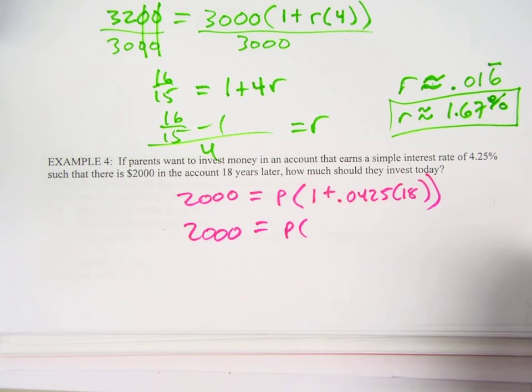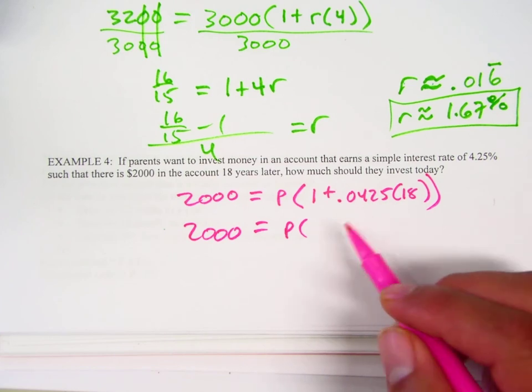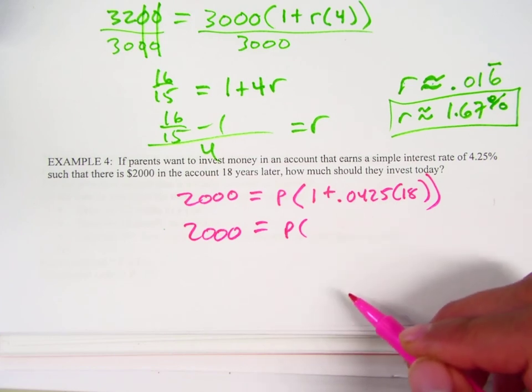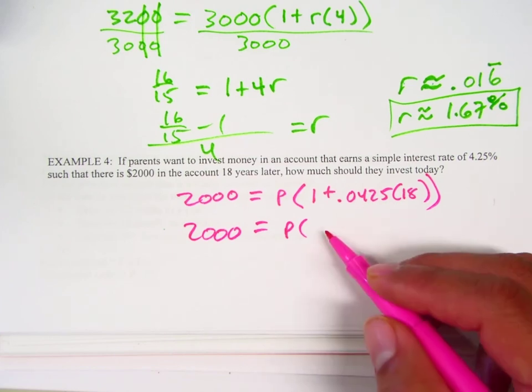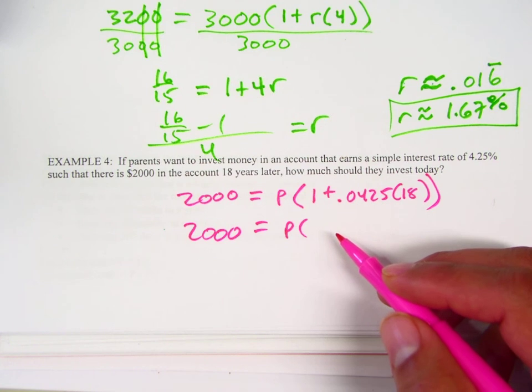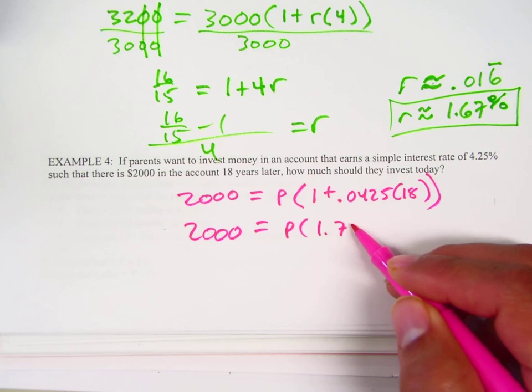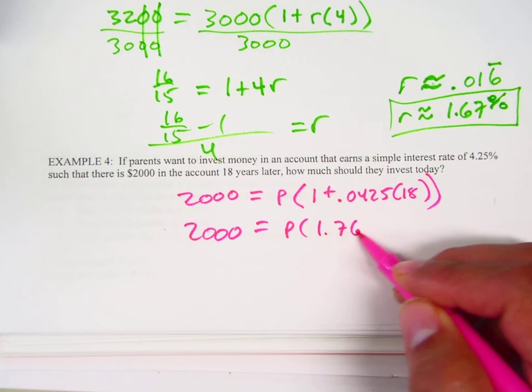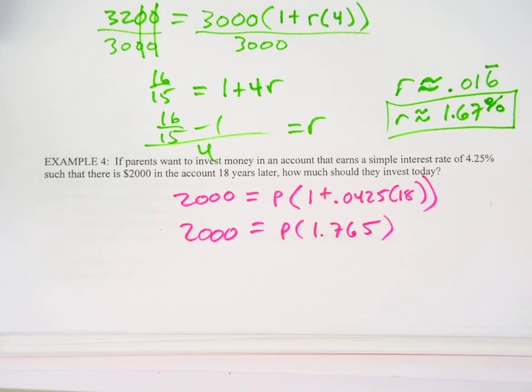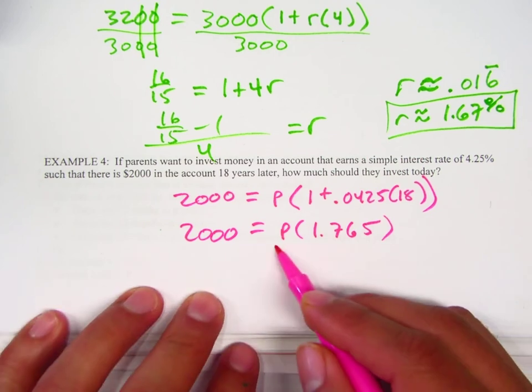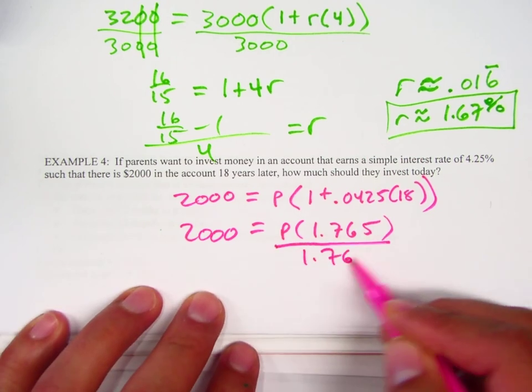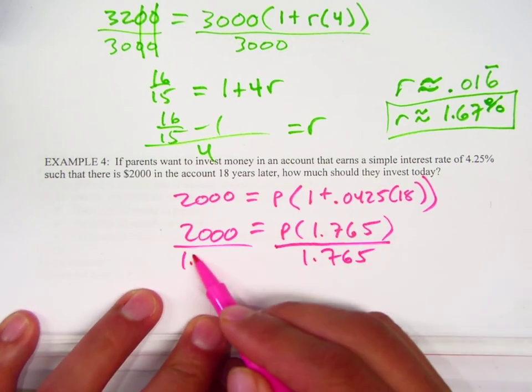What is that? Exactly. Yeah, 1.765. Okay? And we're done, pretty much. Just one more thing. Divide. No one is totally confused with this algebra, right? I would hope not.